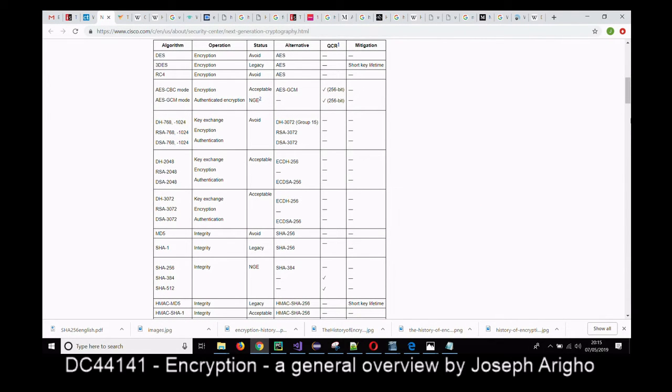Yeah, that's good. So this is Cisco's estimation of the various different encryption methodologies. They label things as avoid if they're already hopelessly out of date. So you've got DES, which is avoid because it's only 56 bits.